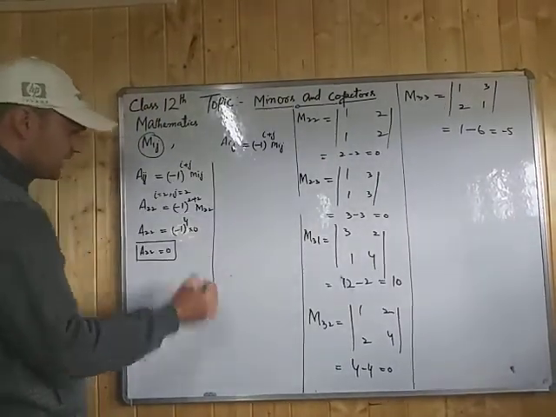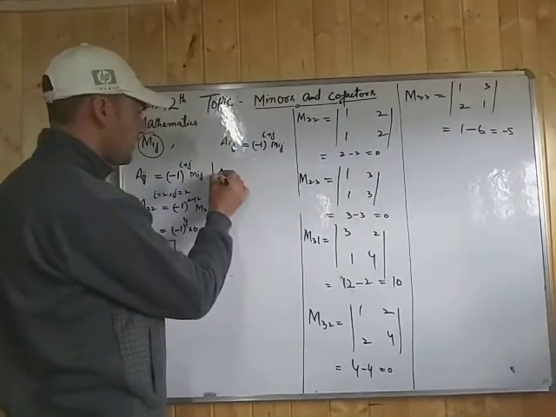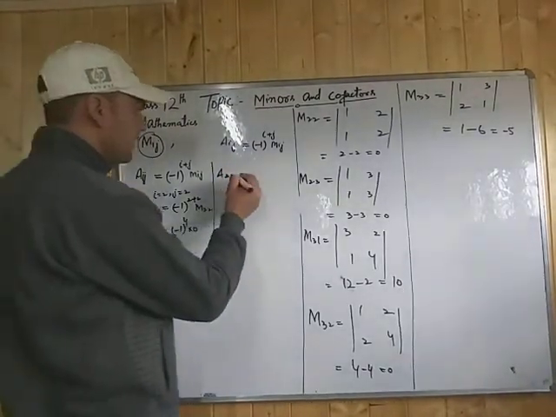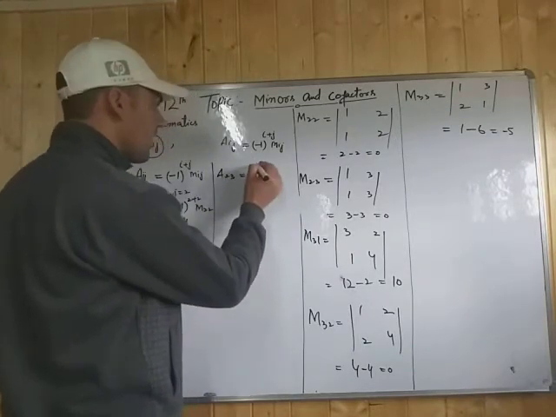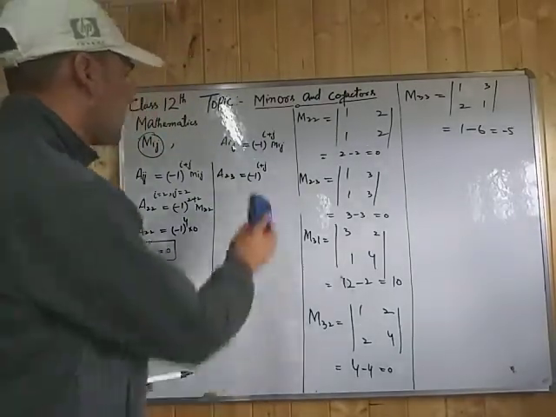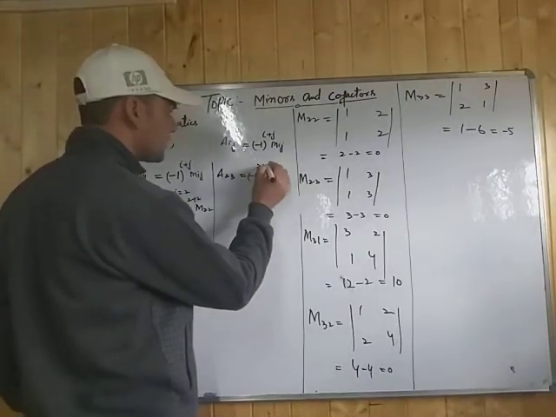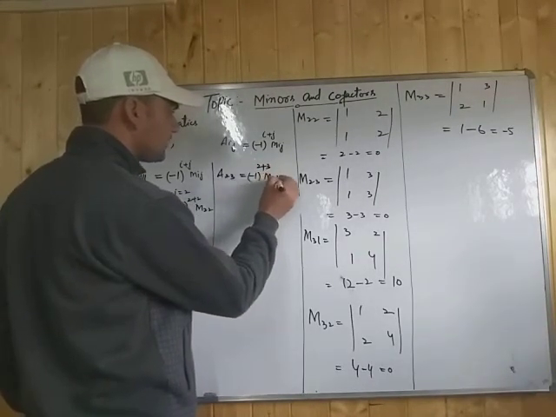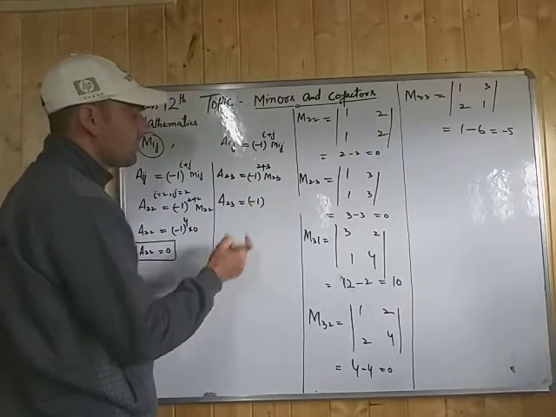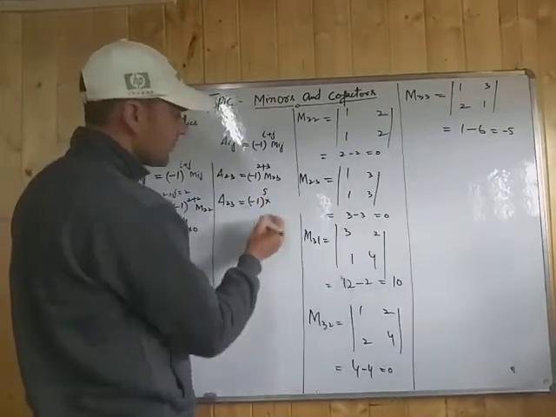सिमिलरली आप दूसरा निकालेंगे यहाँ पर A23 that is equal to minus 1 raised to power i plus j. यहाँ अब आपके पास है i is equal to 2, j is equal to 3 into M23, or we can write here M23 that is equal to minus 1 raised to power, so it is 5 into, so this is 0.